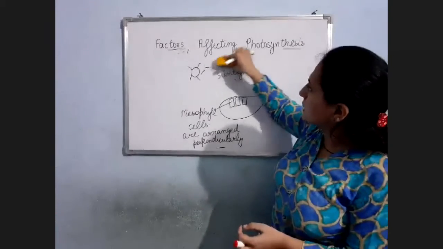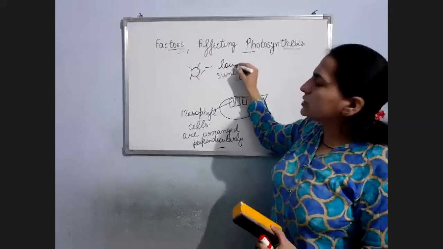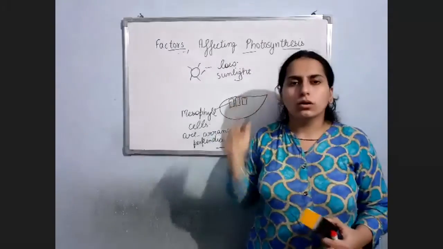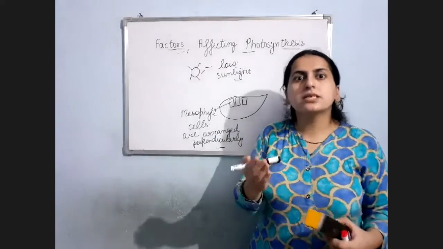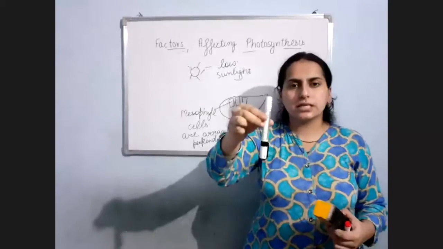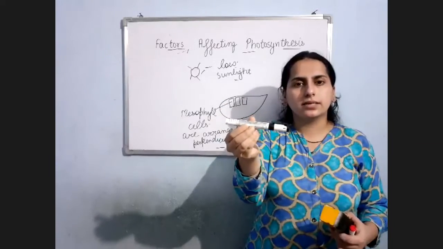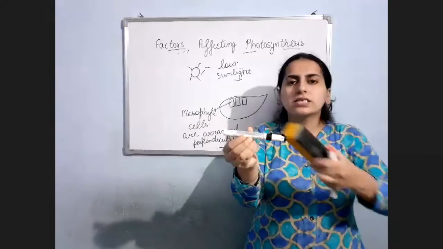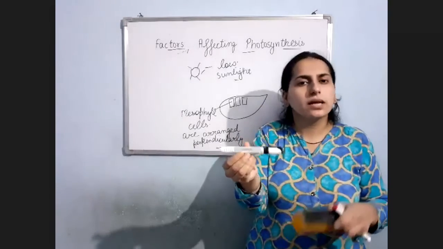And suppose if the sunlight is low due to any reason, okay. Now just think, if the sunlight is low, now the plant again wants optimum light. So it means now what will happen instead of this? The mesophyll cells will arrange parallelly like this, so that surface area will increase and now they can absorb the maximum amount of sunlight.